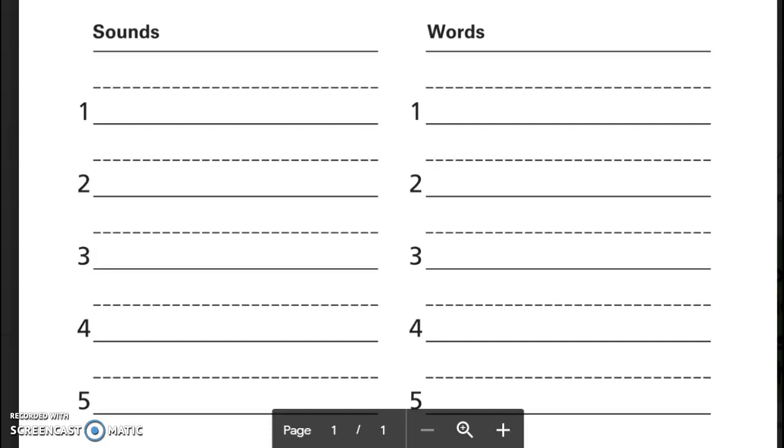K, a, m, p, camp. On. A, n. Gift. G, I, f, t, gift.